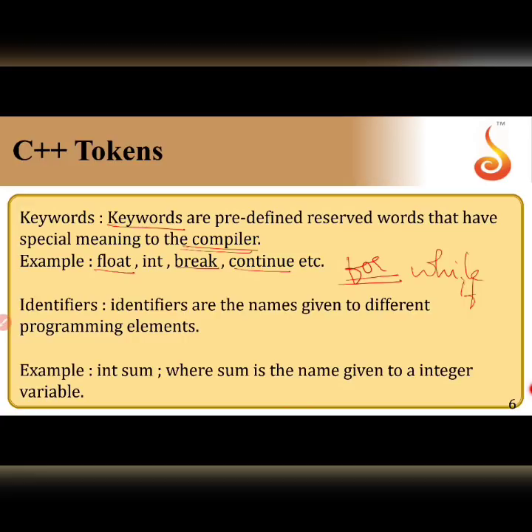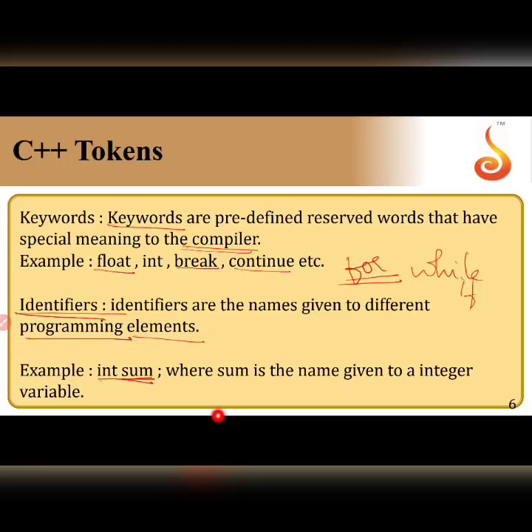Next is identifiers. What do you mean by an identifier? Identifiers are the names given to different programming elements. So, the names given to programming elements are called identifiers. Example, int sum. Here, sum is a variable which is going to hold an integer value.